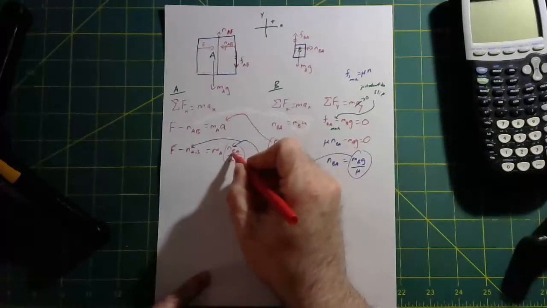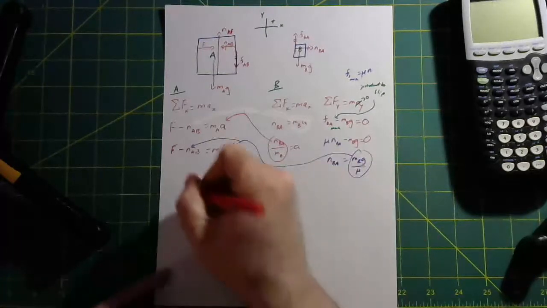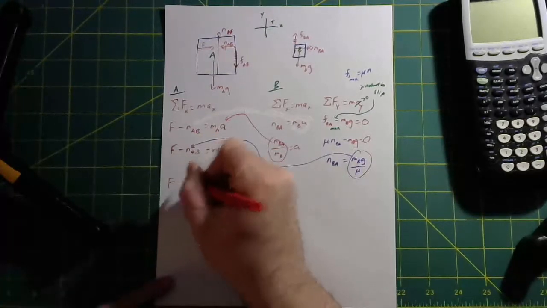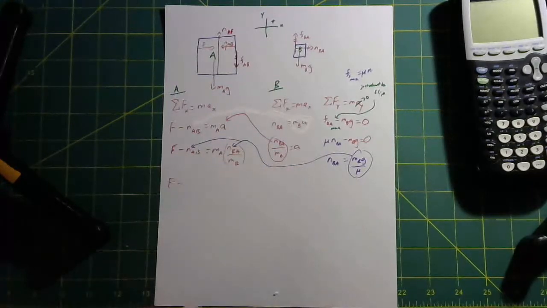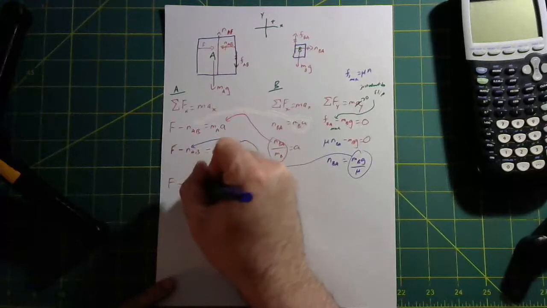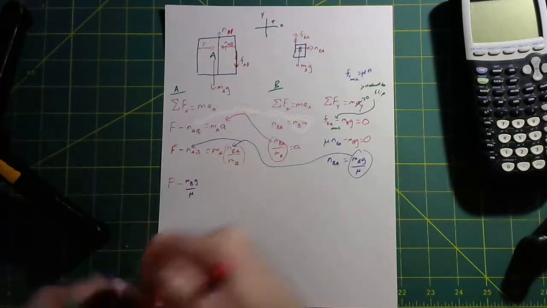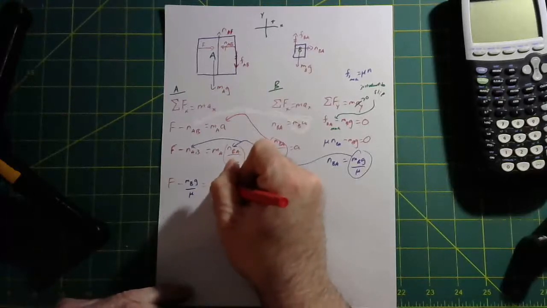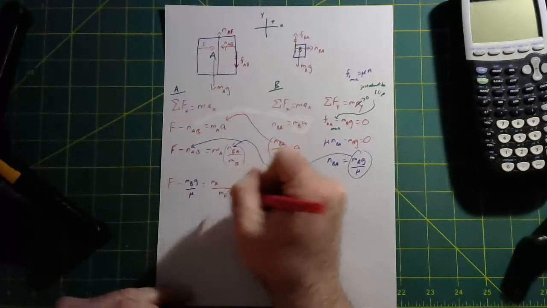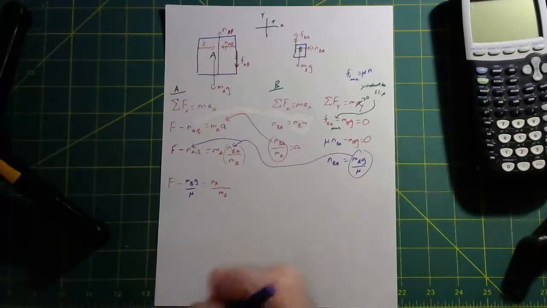All right, so if I do that, this is what this is going to end up looking like: MBG over mu equals mass of A, mass of B, and then where it says normal, we're going to plug in that MBG over mu.